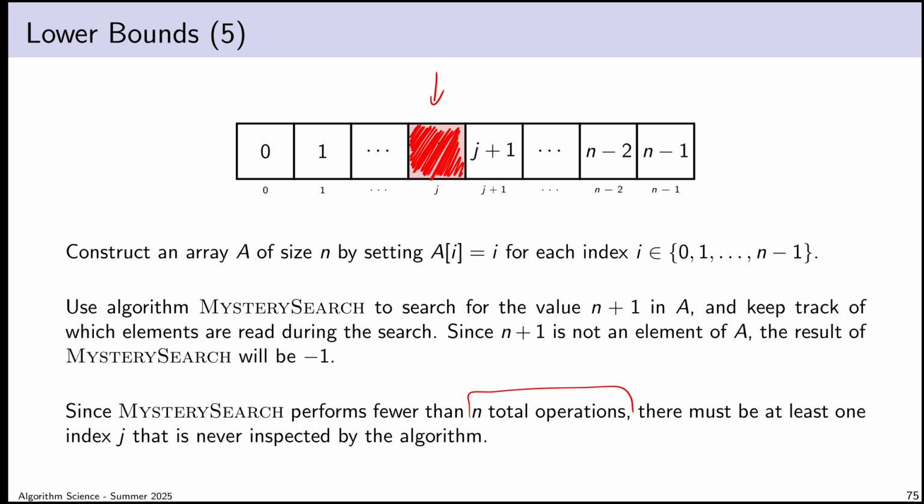The fact that it never sees it means that it has no idea what's behind that door. For all we know, depending on the array we pass in, the indices that it looks at or doesn't look at could change. We have no way of assuming which one specifically doesn't get considered. All we know is that because there are n elements, for any input, at least one of them can't be seen. So we'll just say, suppose J is the one that isn't seen for this particular choice of array A.